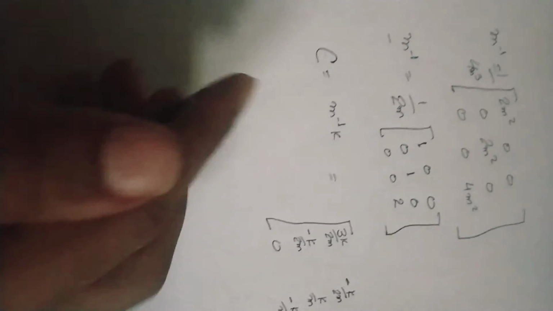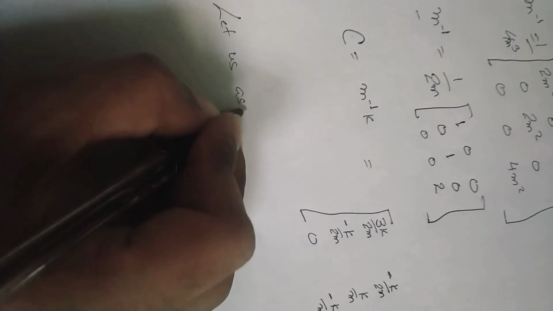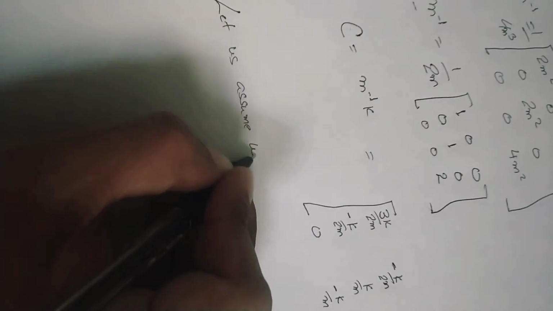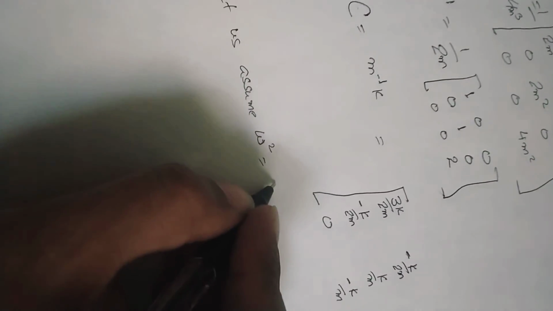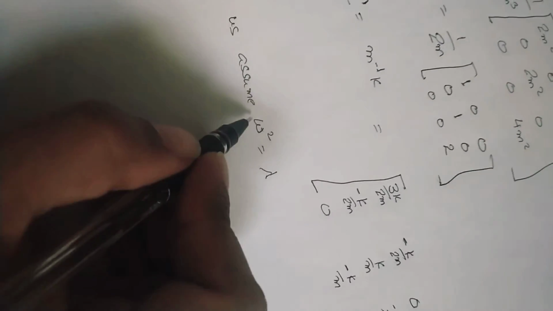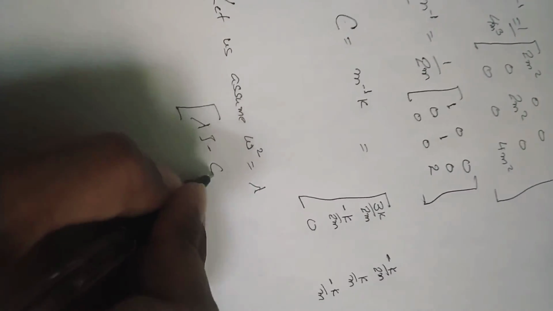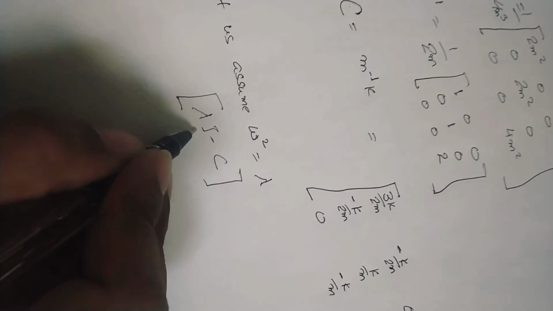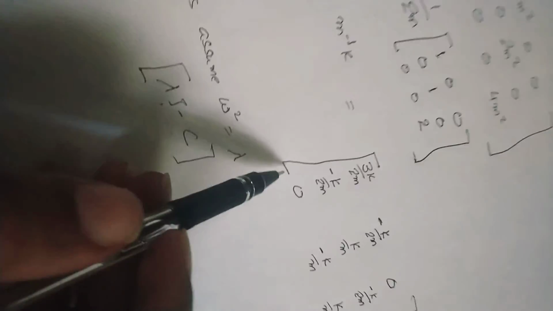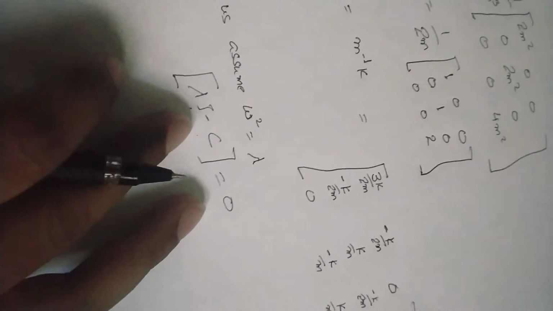Now the next step is, let us assume the natural frequency is equal to under root lambda, meaning omega square is equal to lambda. So we have to convert all the equations in the form lambda I minus c, where lambda is the value of omega square, I is the identity matrix and c is what we found earlier, equal to 0.